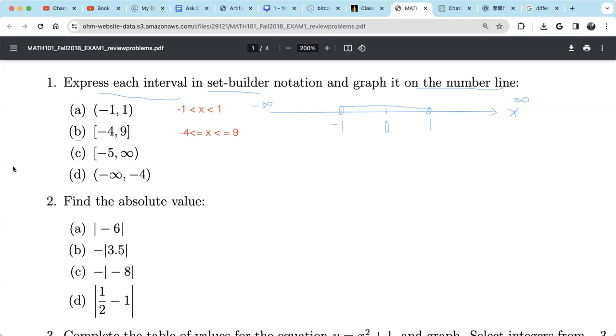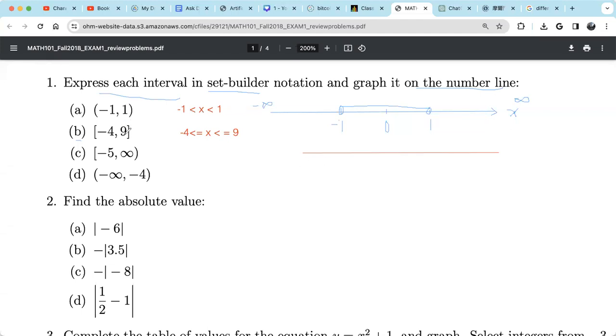To graph it, let me use a red color. So -4, you know what, let me just redraw it. It's difficult, so let me draw another one. This is our x-axis.